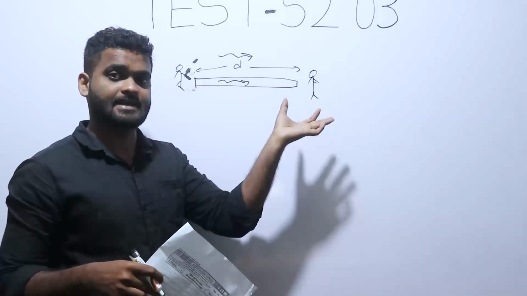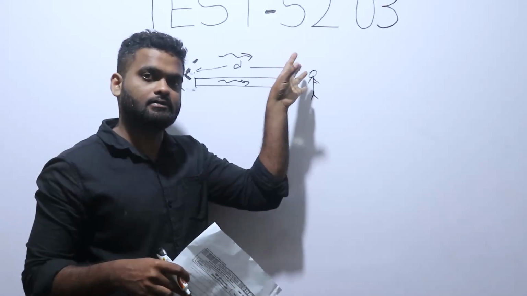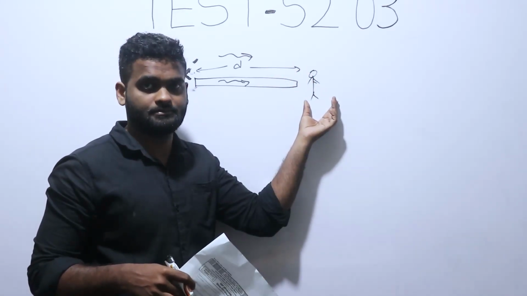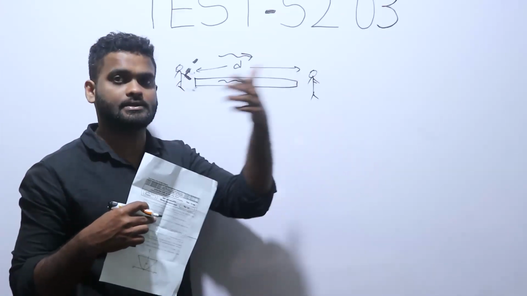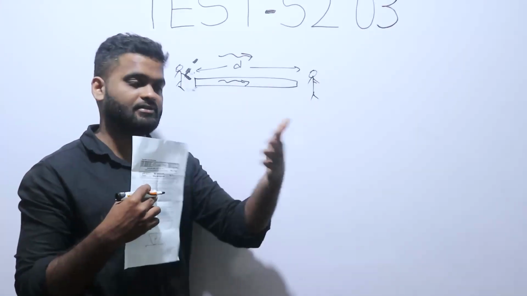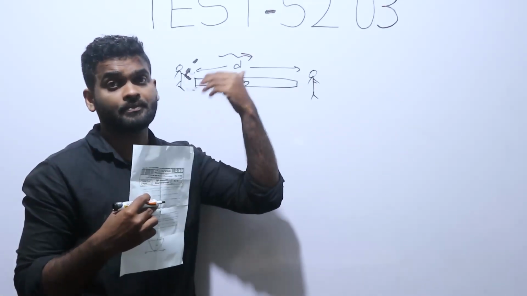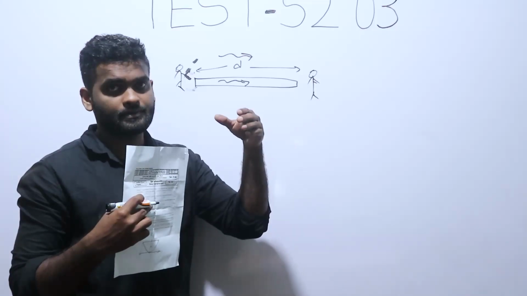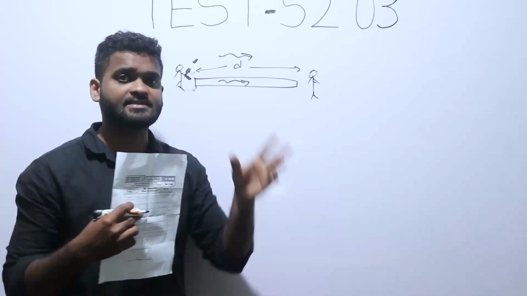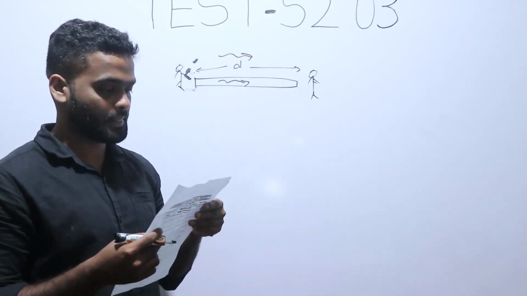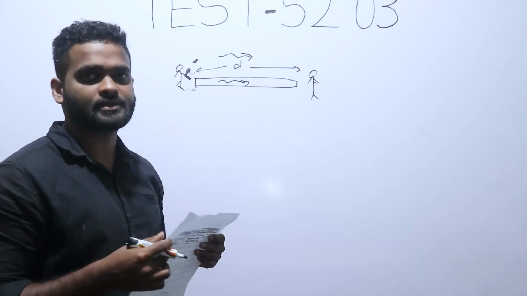Then after 10 seconds, the sound wave propagated through air is heard by this man. So there's a gap, he hears the sound twice, with a gap of 10 seconds between those sounds.